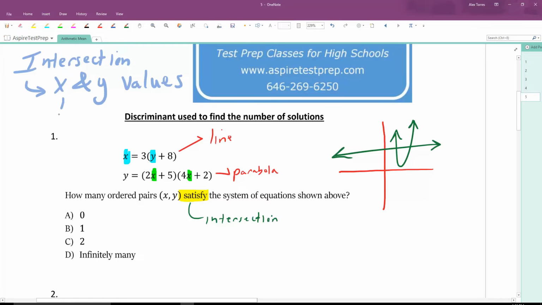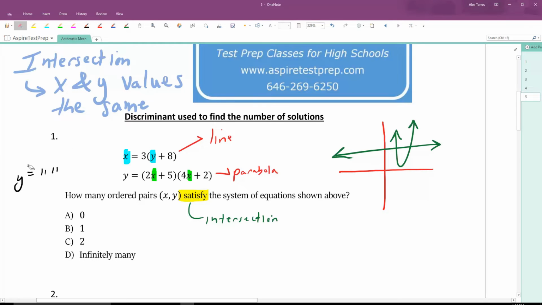That's why they intersect, right? Because they're passing through the same points. So what we want to do on most of these is get them in the format of y equals something for one function and y equals something else for the other function, and take those two things and set them equal to one another. And that's what we're going to do here.